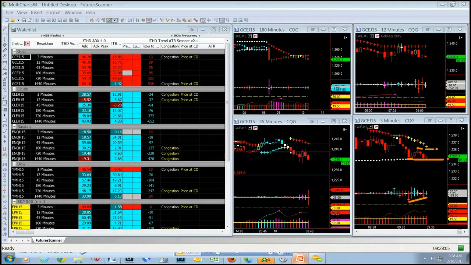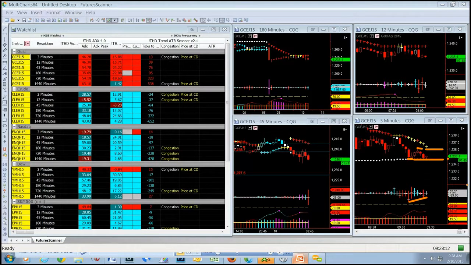And they may go right back up to this level and test again. Yeah, it was. The top was based on market orders, Dave. The bottom was based on limit orders.